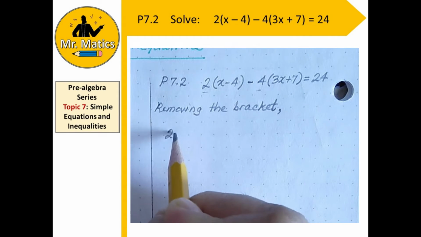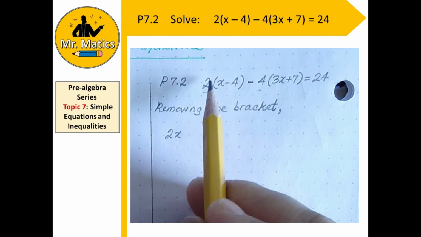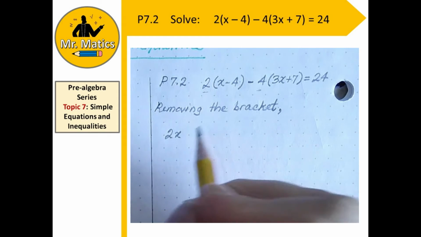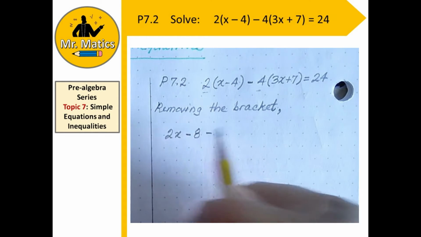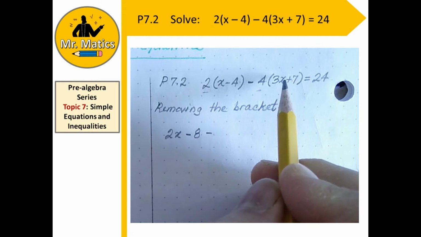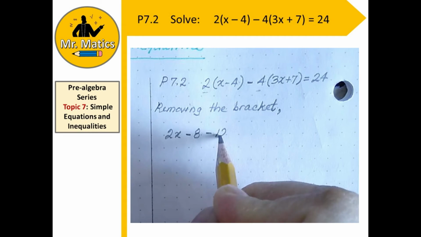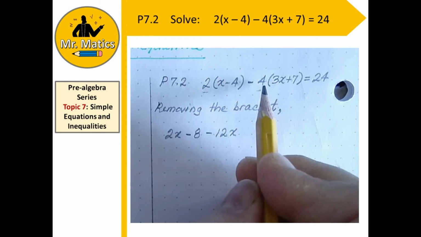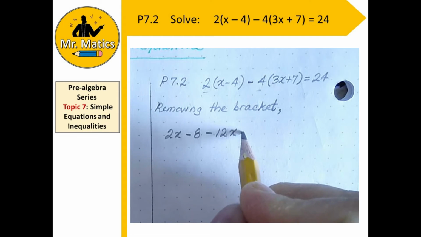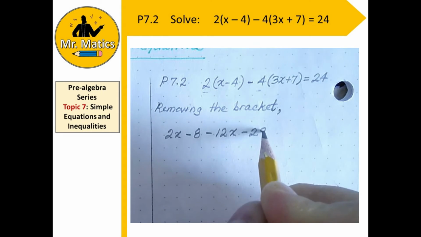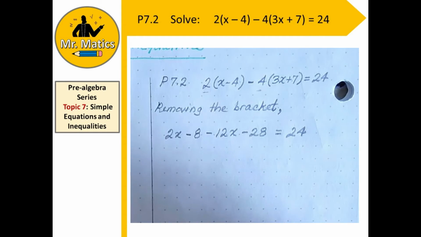We get 2x. So 2 gets multiplied with x, and then 2 gets multiplied with negative 4. So 2x minus 8. Now minus 4 gets multiplied with 3x. That will give you minus 12x. And minus 4 gets multiplied with 7. That will give you minus 28. And on the right side, we do not do anything to 24, so it's just there.